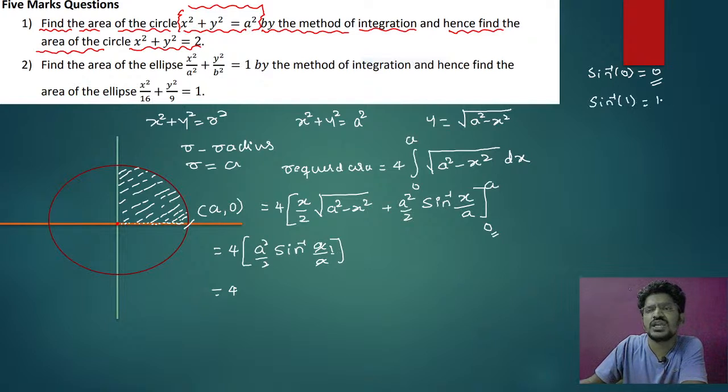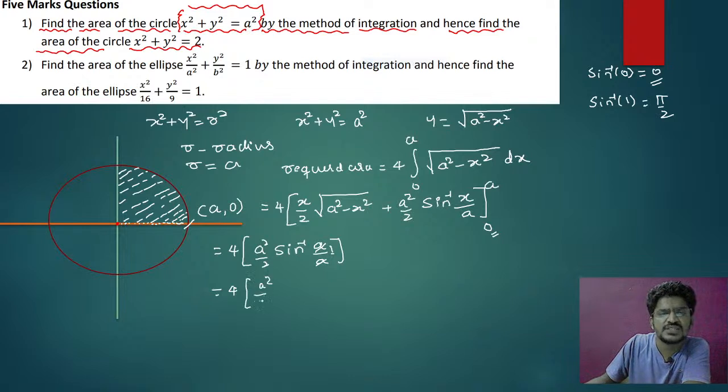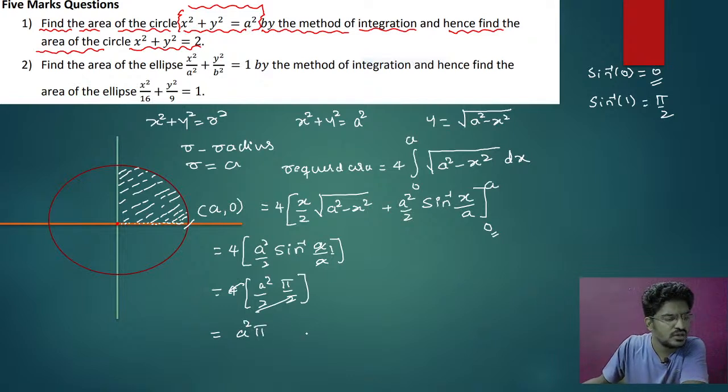Sine inverse of 1 is pi by 2. So that will be a square by 2 and this is pi by 2. So now this is going to be equal to, 4 will get cancelled, a square pi square units. A square pi square units is going to be the answer.